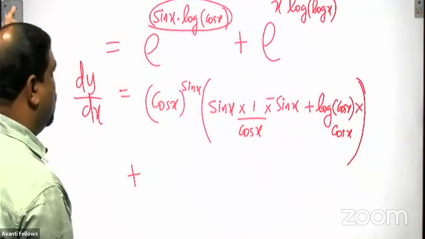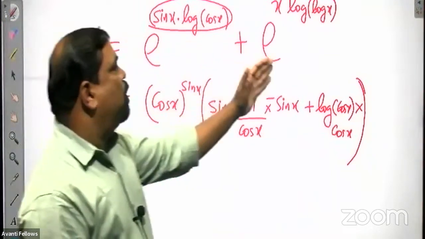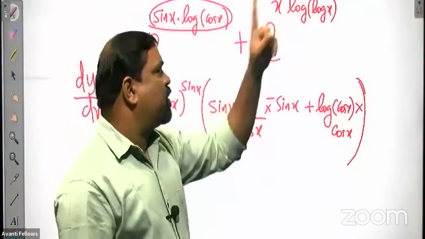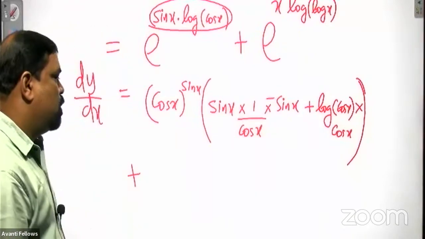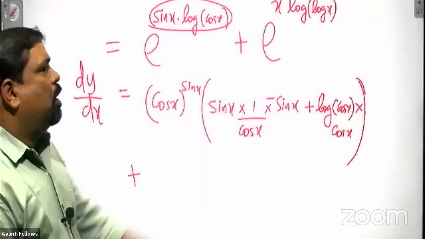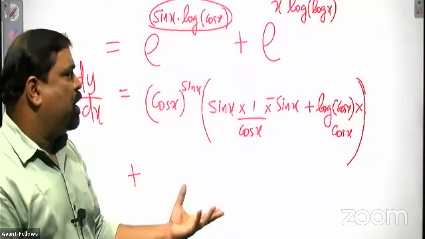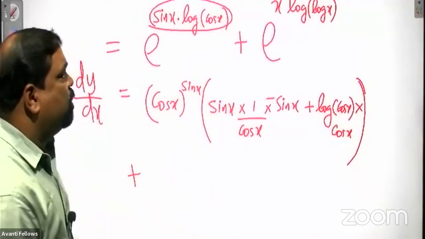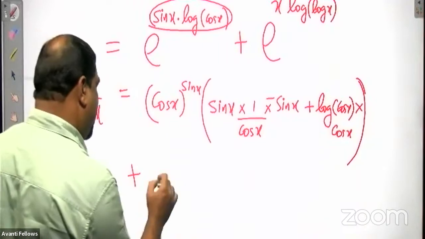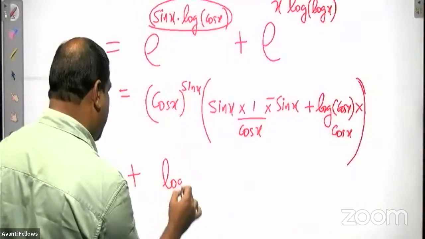Plus the second part. The derivative of e raised to x log x. So you know, first we have to write as it is, whatever is there. So e raised to x log x, that ultimately is log x raised to x, the original term.